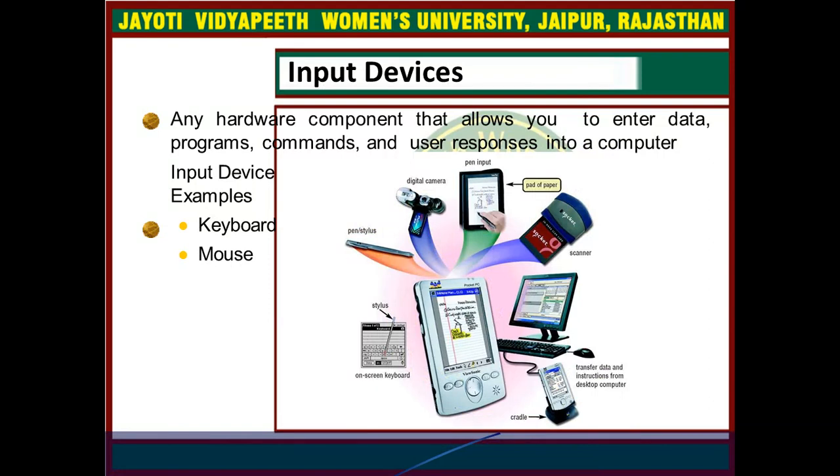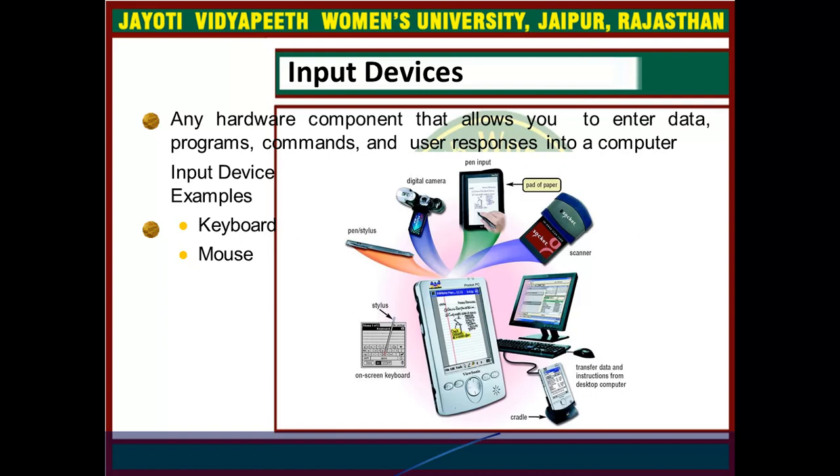And what are the input devices? Input means to give. Any hardware component that allows you to enter data, programs, commands and user responses into a computer is an input device. Examples are the keyboard and mouse, through which you can enter some data or operate your system.